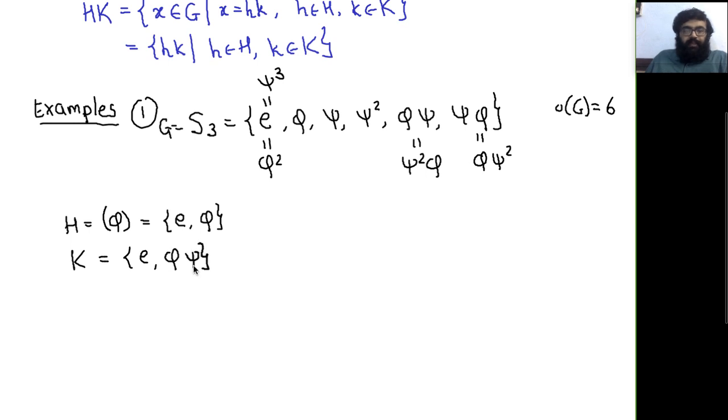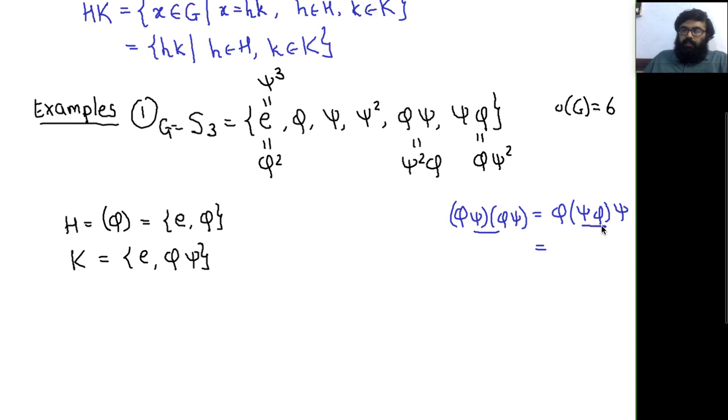Phi psi is an element of order 2. How do we check? We take phi psi into phi psi. By associativity we have phi, then psi phi, and psi.